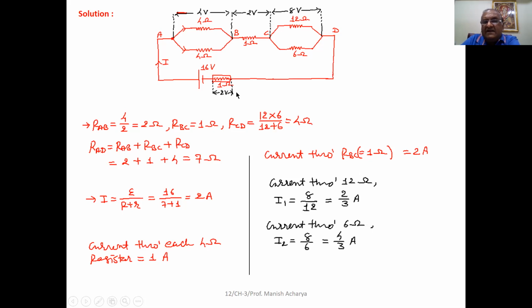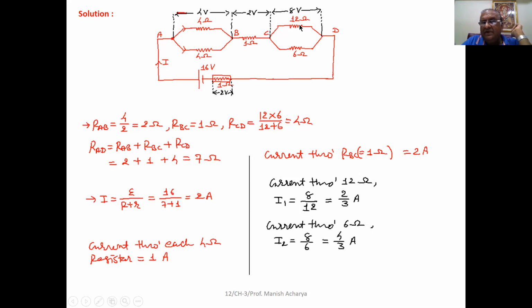It implies that 16 minus 8, that much potential drop will be across CD. It implies that across the 12 ohm resistor and 6 ohm resistor in parallel combination, the potential difference across each one is the same. So here across CD, the potential drop will be 8 volt.